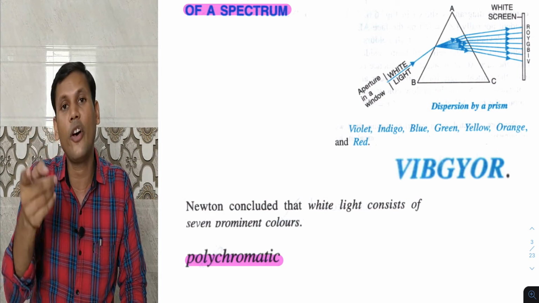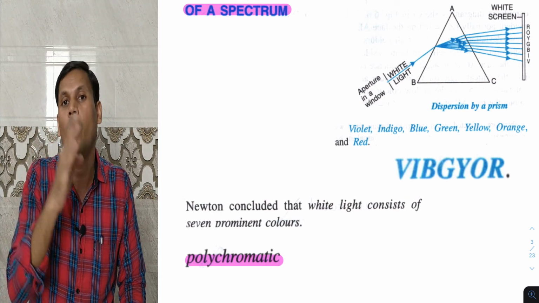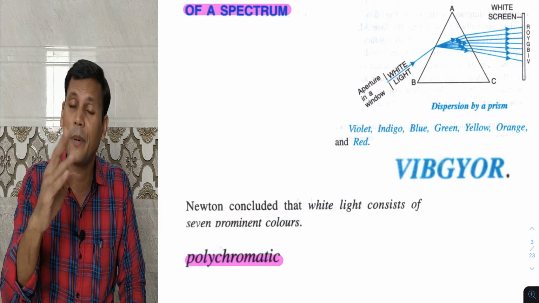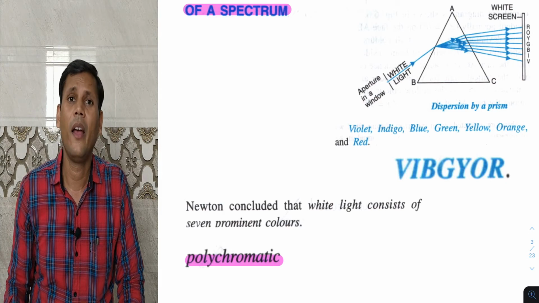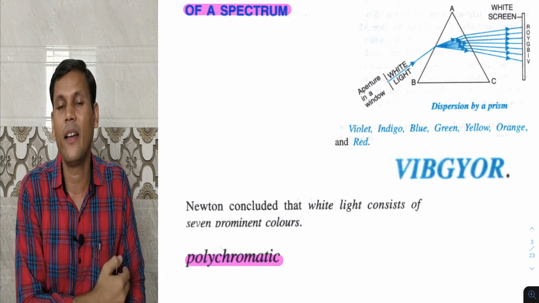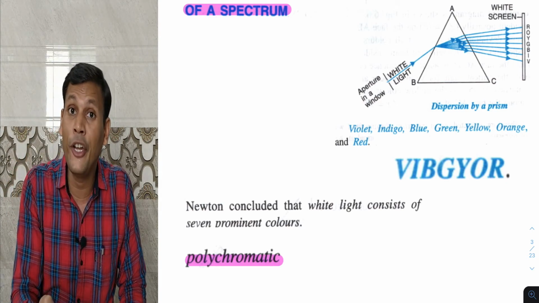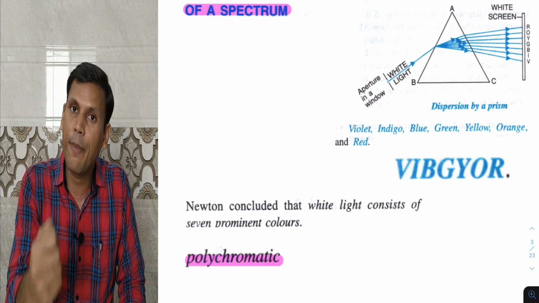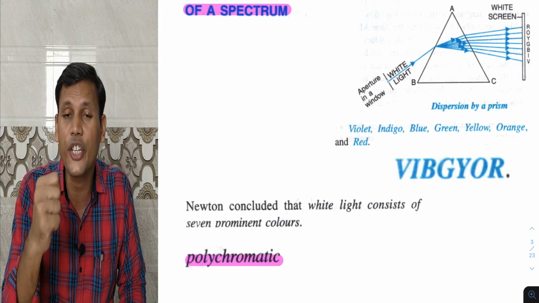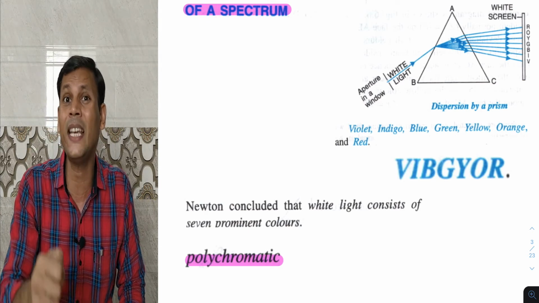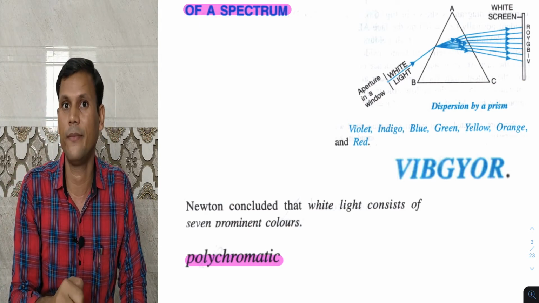That is the pattern of 7 colors when white light passes through the prism. Okay, that is the spectrum. And what is the dispersion? Dispersion is the phenomenon of splitting of white light into its constituent colors while it is passing through the prism.